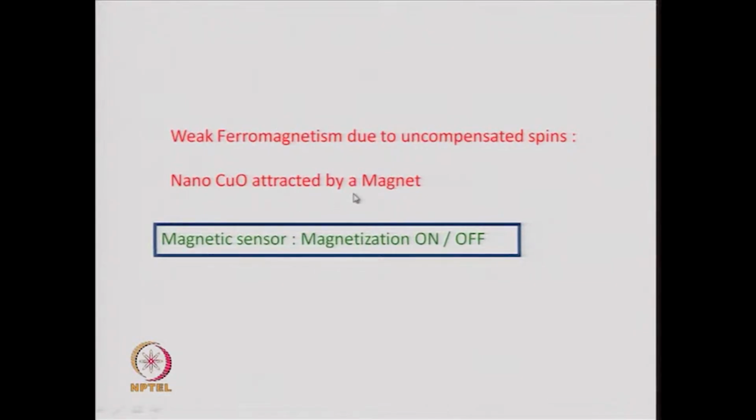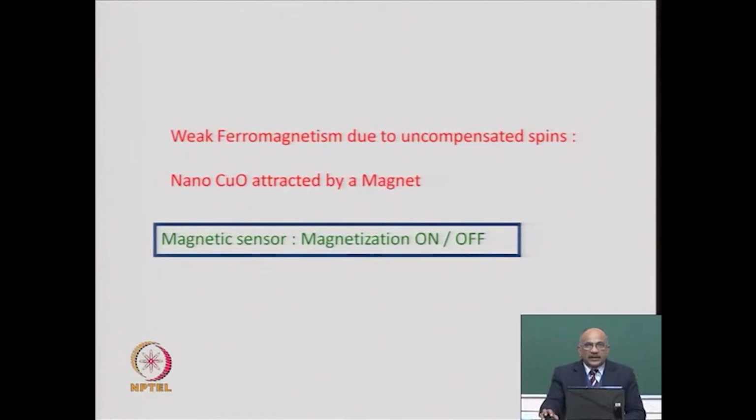So, all the spins may not get compensated, which should be in an ideal antiferromagnet. So, nano copper oxide particles can get attracted to a magnet, whereas bulk copper oxide will not get attracted to a magnet, because that is a true antiferromagnet.